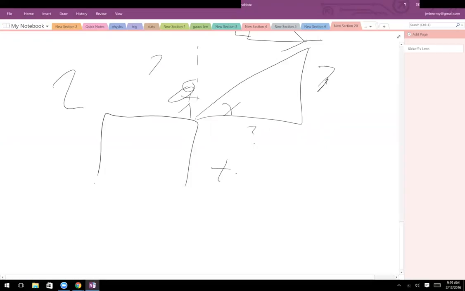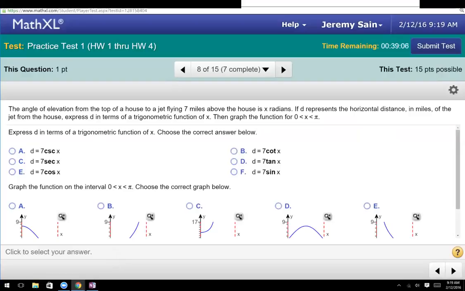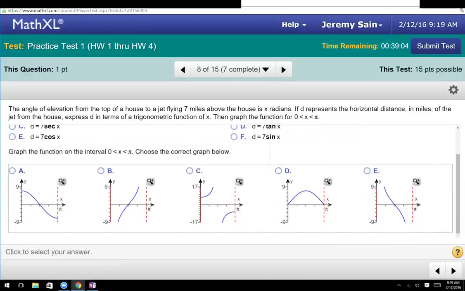There we go. So tangent of x is 7 over the distance we want. So the distance we want is 7 divided by tangent, or I think what they want is 7 times cotangent of x. And then graph that.